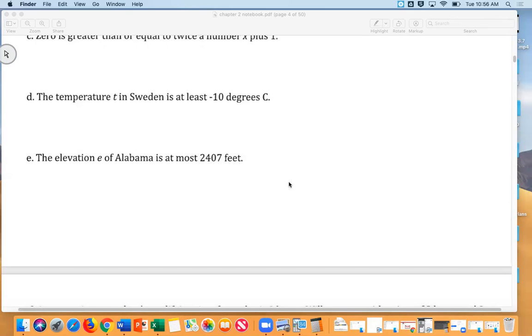The elevation E of Alabama is at most, meaning the highest point in Alabama is 2,407 feet. If that's the highest point, then my elevation must be less than that. So I like to use E is less than or equal to 2,407.